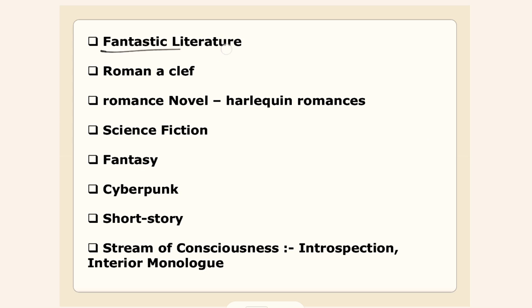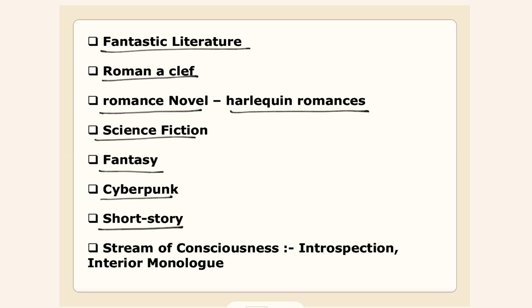Now, fantastic literature, Roman-fleuve, romance novel, Harlequin romances, science fiction, fantasy, cyberpunk, short story, and very important, stream of consciousness. This is a very modern innovation in the novel. Introspection, interior monologue.